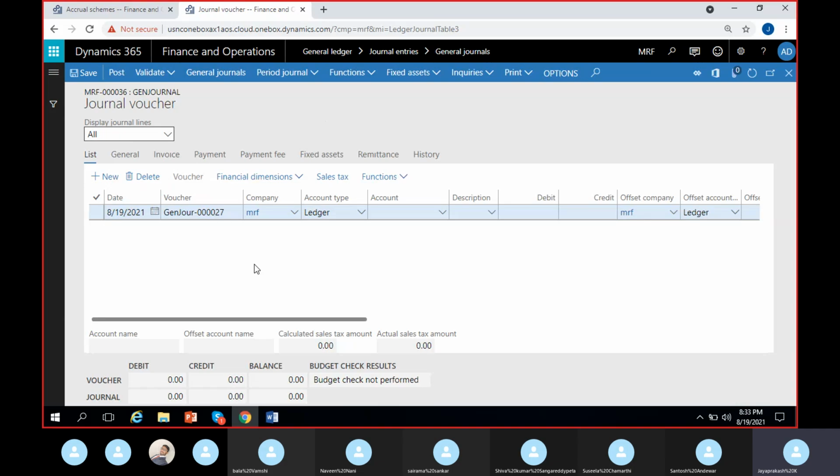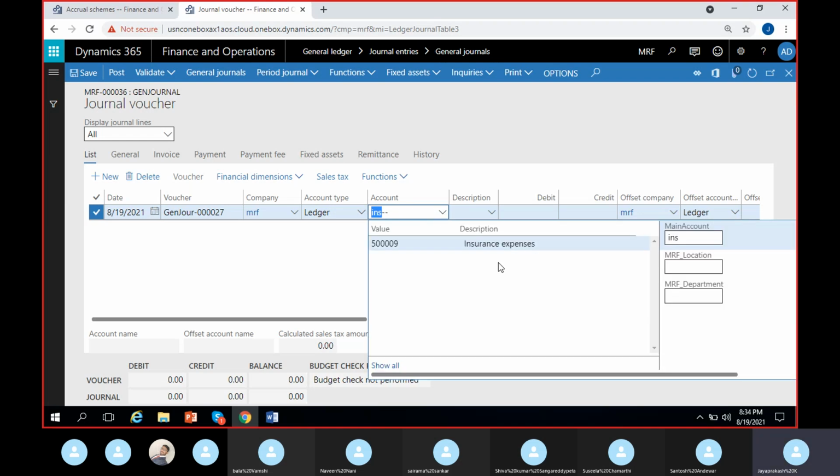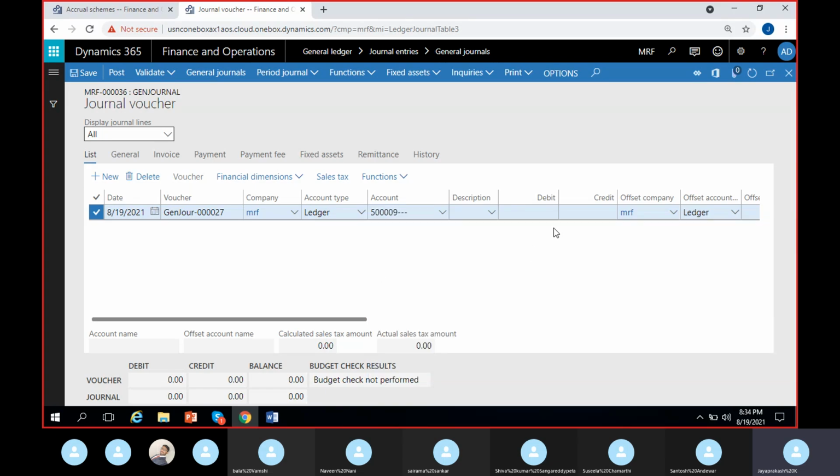So here a line is created. Now I'm selecting the voucher for insurance expense payment. So I'm selecting insurance expense here, which is 5,09,000 account. Here insurance expense. I'm debiting the insurance expense for 60,000.